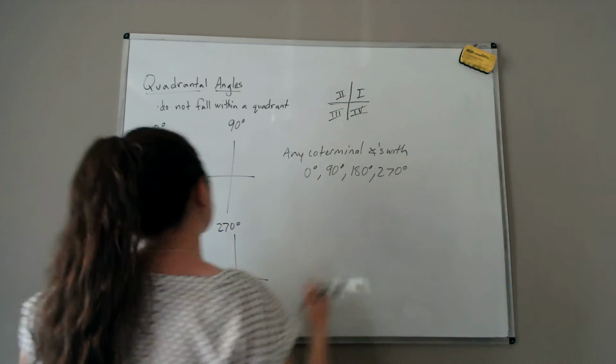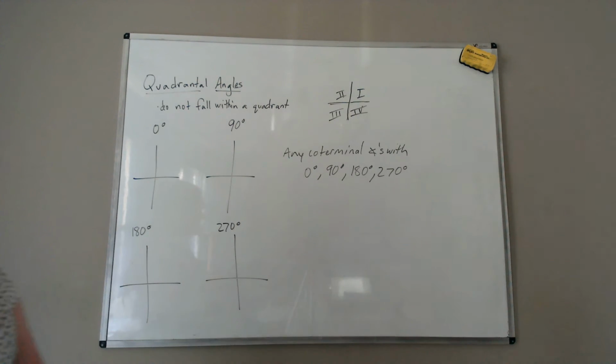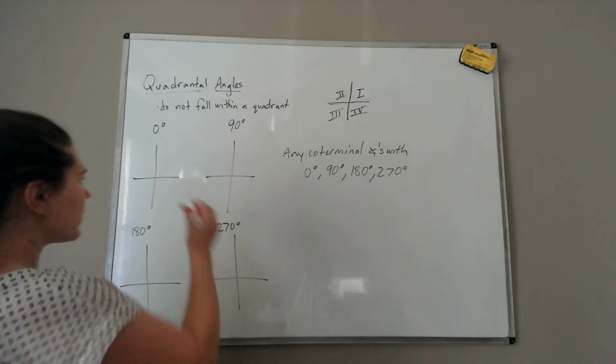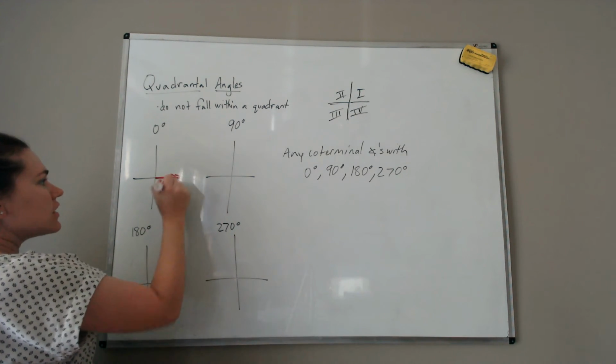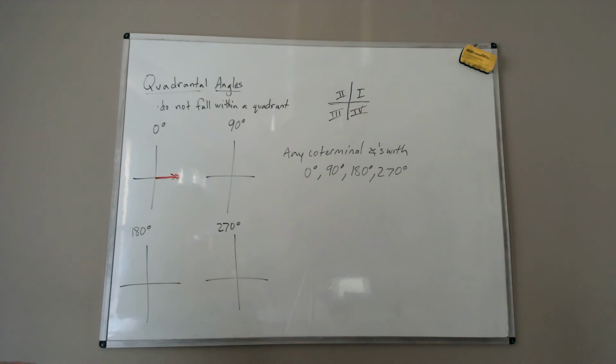That's why I'm not putting 360 up here, because 360 degrees is just coterminal with 0 degrees. So 0 degrees is considered a quadrantal angle because its initial side and its terminal side are both on axes. It doesn't fall within a quadrant. They fall on the axes.